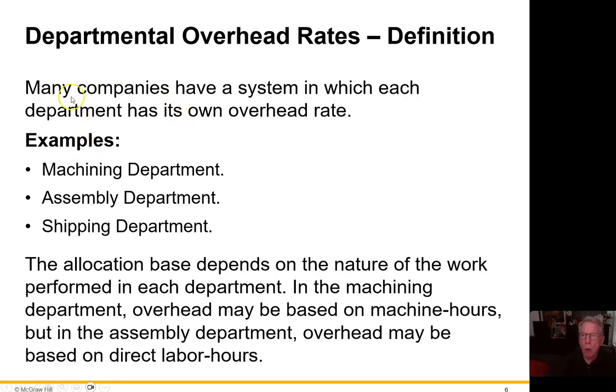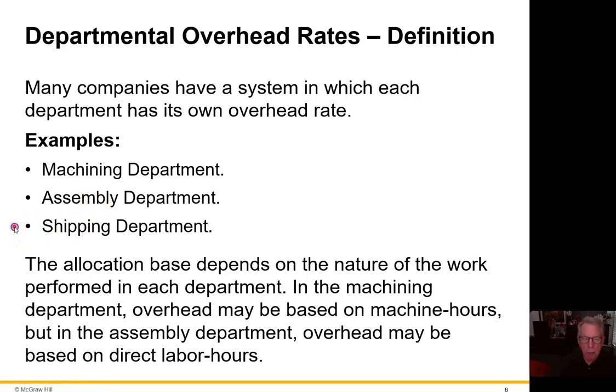Okay, so we can also maybe split it a little bit with departmental overhead rates. Many companies have a system in which each department has its own overhead rate. It would seem logical, therefore, that in a machining department, we might use machine hours to allocate overhead. In an assembly department, we might use labor hours to allocate overhead.